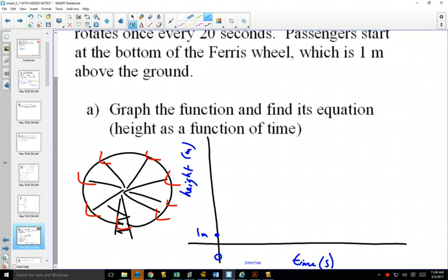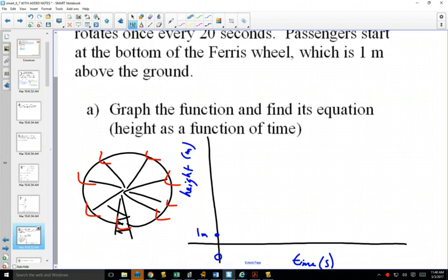What's the next point, or what's another point that I could put on my graph? Tell me a time and tell me where I'm going to be. You can put the sinusoidal axis. Sure, we can do that.